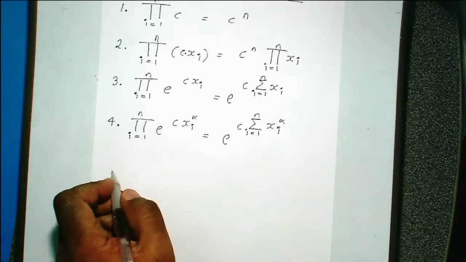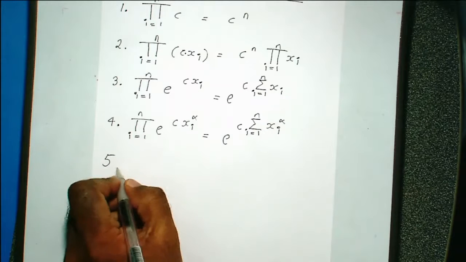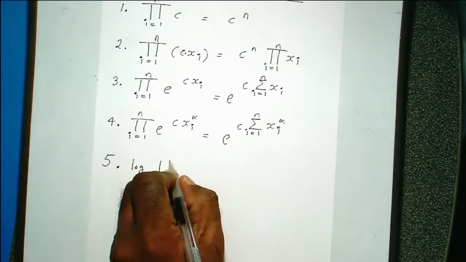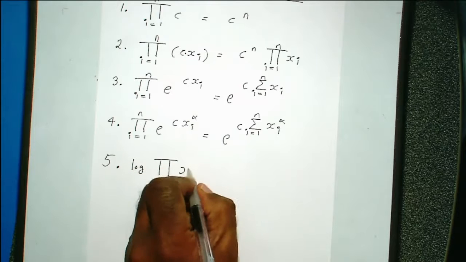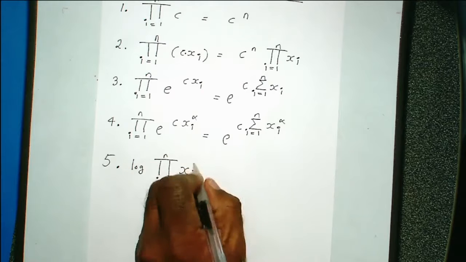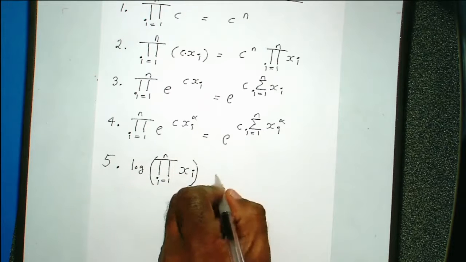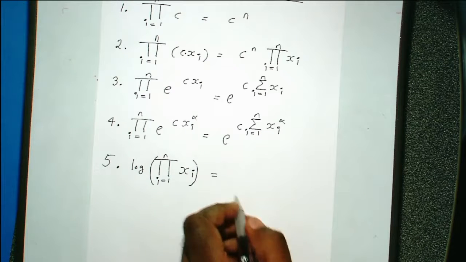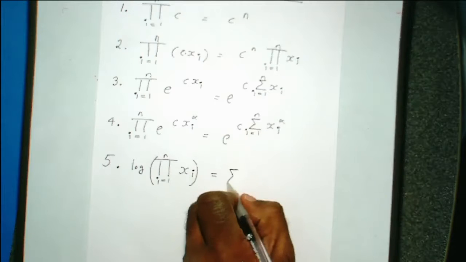And number 5, if you have a log of a product i from 1 to n of xi, then this is the same as the sum.